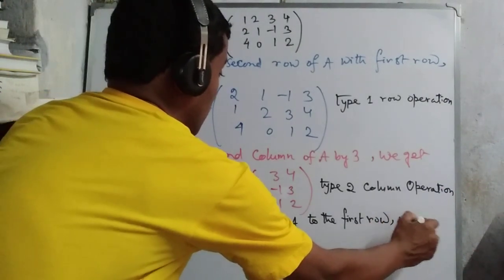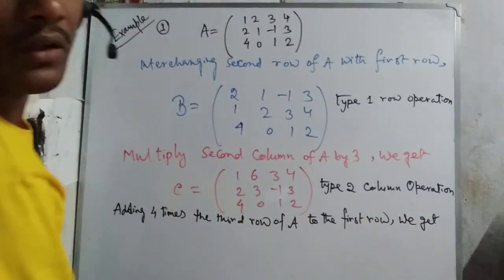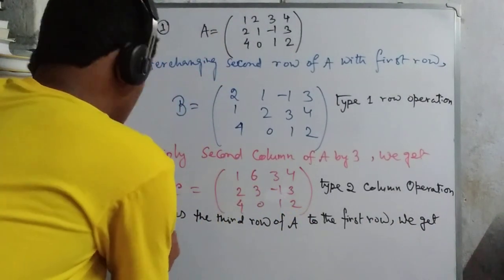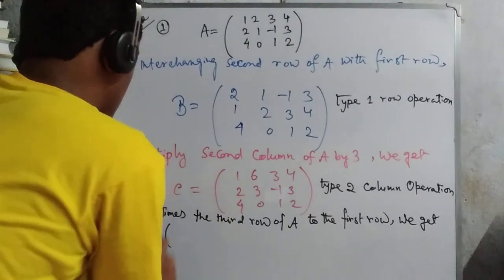Then we get, in this way, m equal to what?